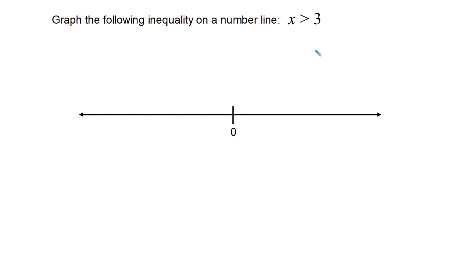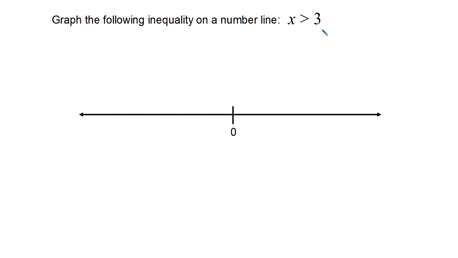So this is telling us that x is larger than 3, because the inequality is opening towards the x, and it's pointing towards the 3, indicating that the 3 is the thing that is smaller. So x is greater than 3 is what we're looking at here.